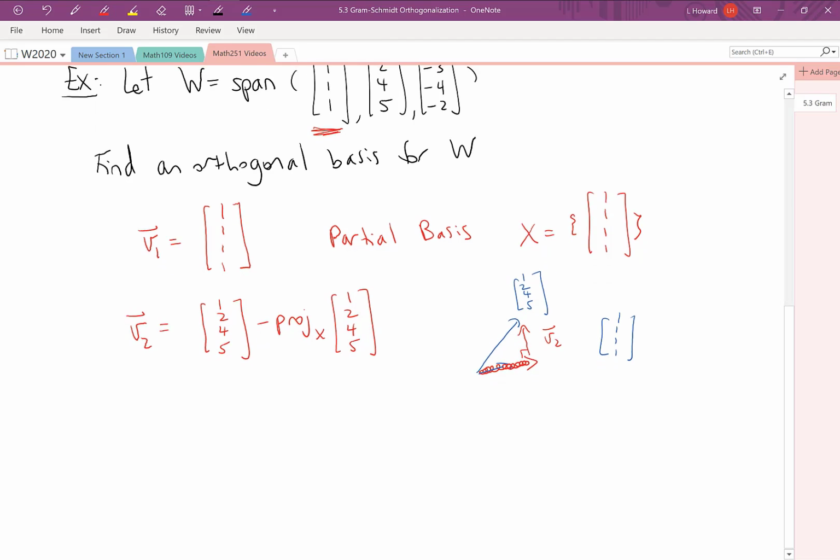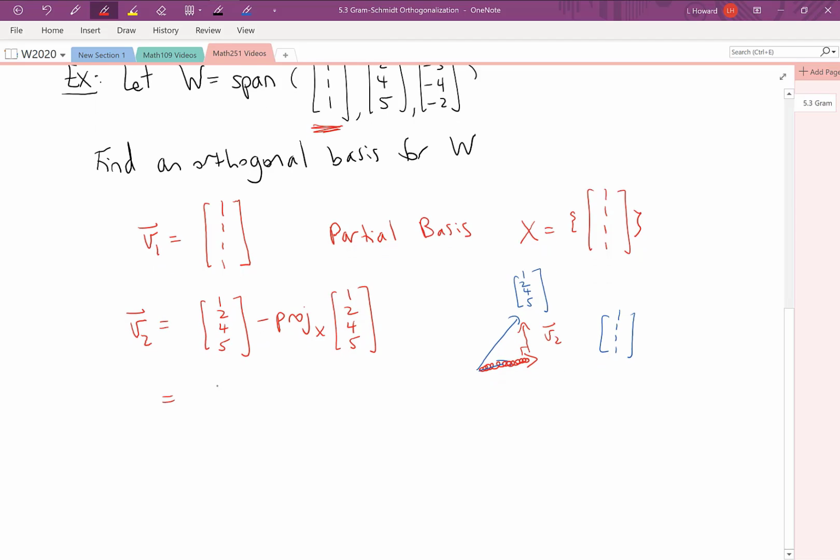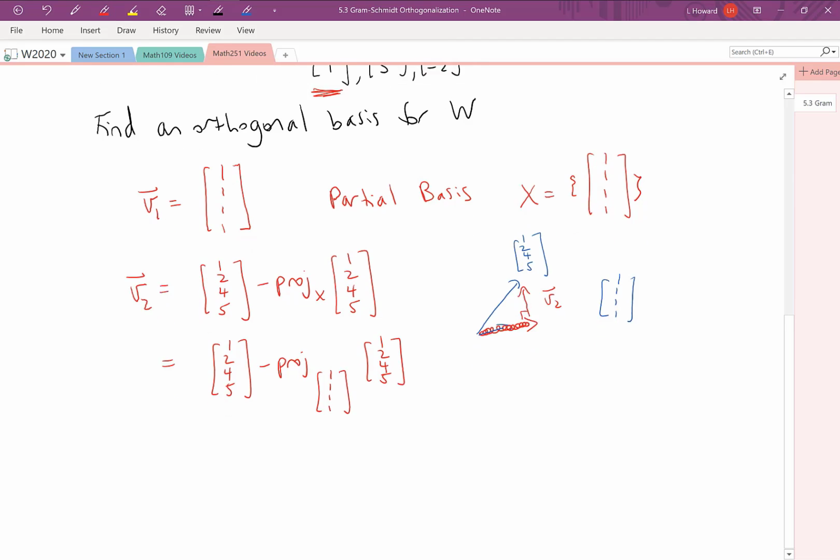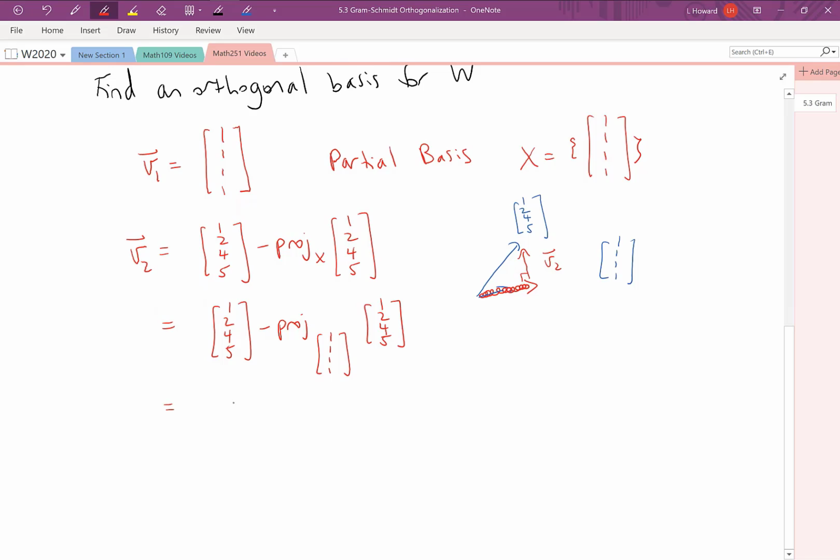Okay, so let's go through the details here. So we go 1, 2, 4, 5. If you want, you can be specific and say minus the projection onto 1, 1, 1, 1 of 1, 2, 4, 5, and we'll just practice our projections here. So 1, 2, 4, 5 minus, now we need the dot product of these two vectors, so that's going to be 12.